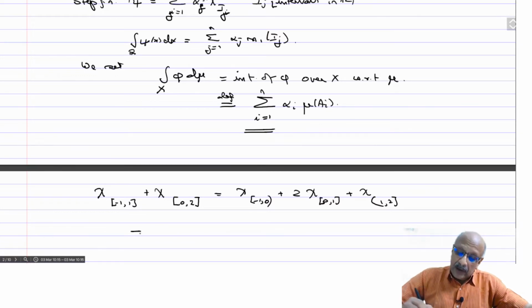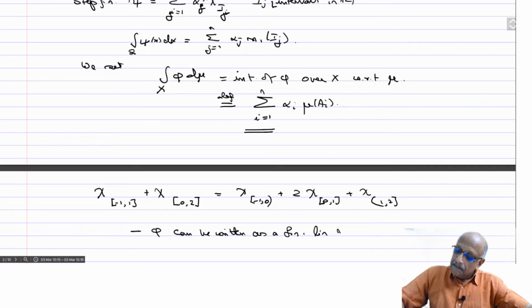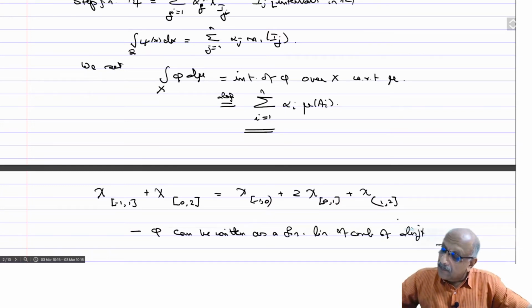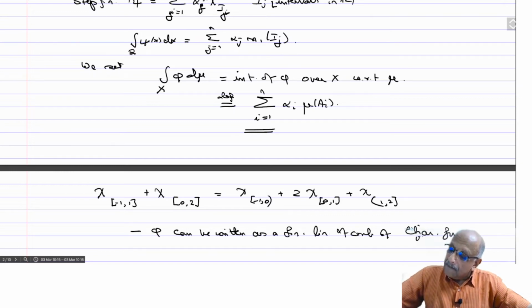One is that phi can be written as a finite linear combination of characteristic functions of disjoint sets in many ways.